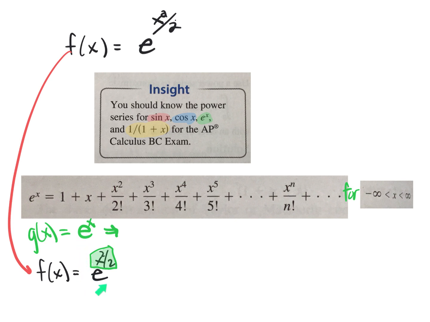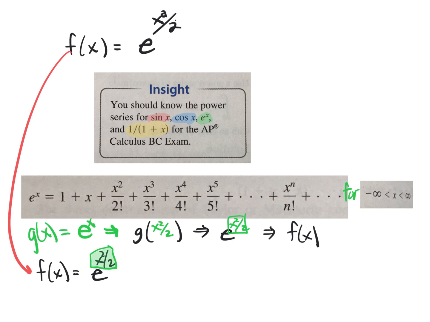So all we need to do is input this ratio into function g, or into this series, because then if the input is x squared over 2, we get e to the x squared over 2, which is f of x.